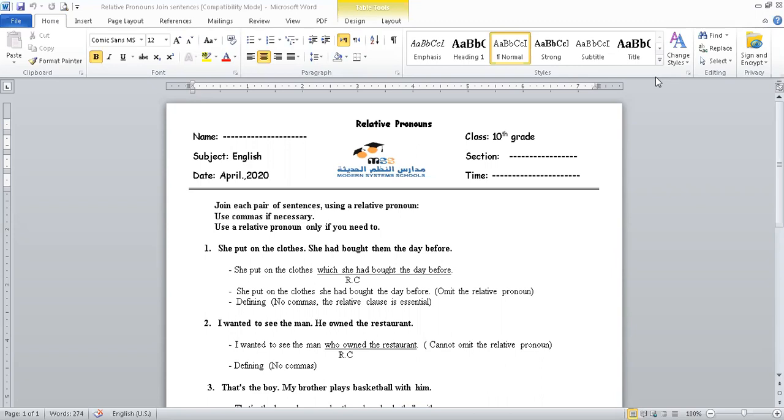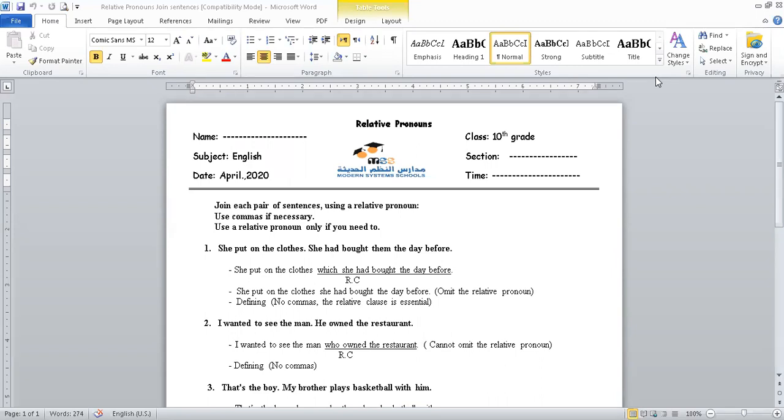Number one, she put on the clothes. She had bought them the day before. Let's join both sentences with a suitable relative pronoun. She had bought them. Them refers to the clothes, so we want to define the clothes.